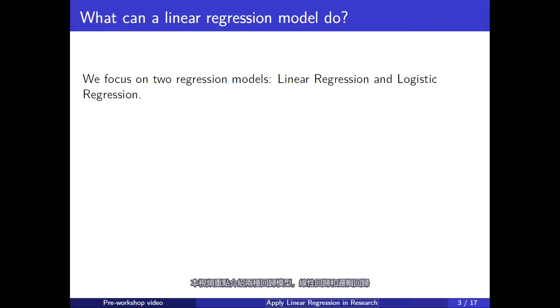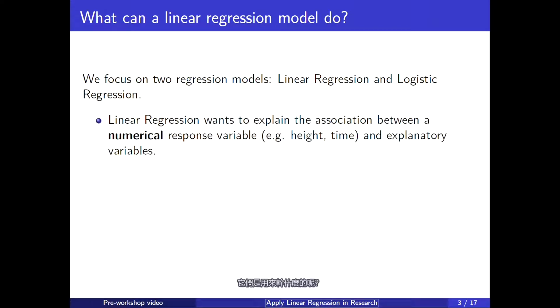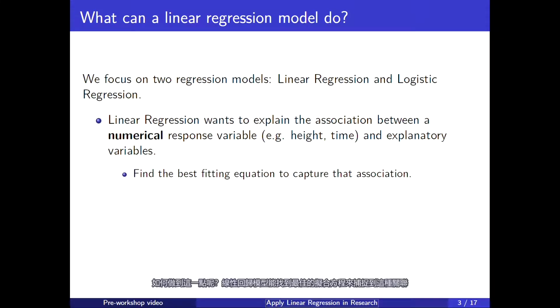This video focuses on 2 regression models, linear regression and logistic regression. What can they do? Linear regression wants to explain the association between a numerical response variable and explanatory variables. How to do that?